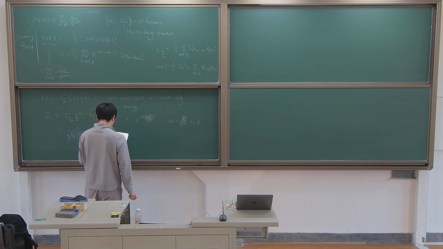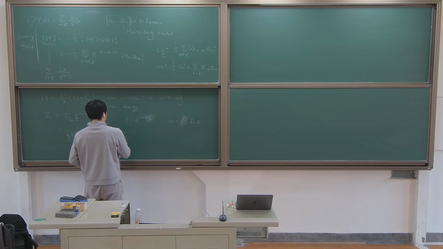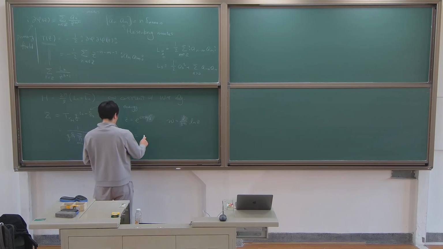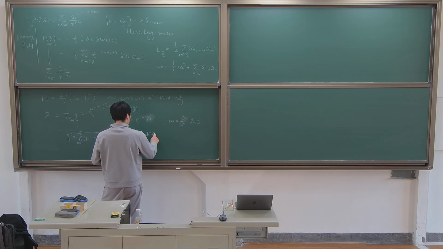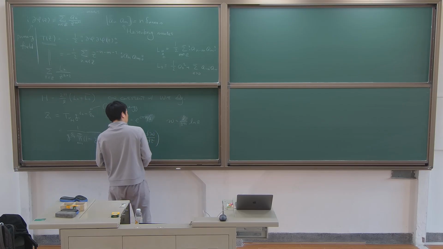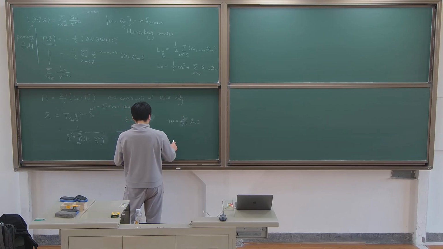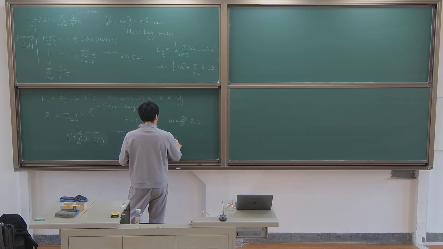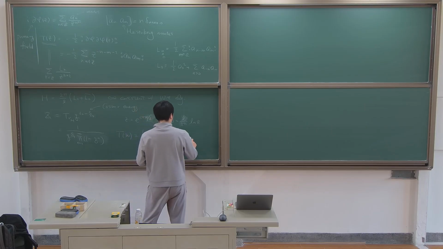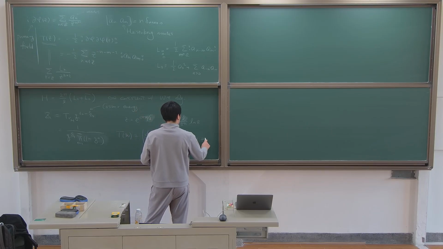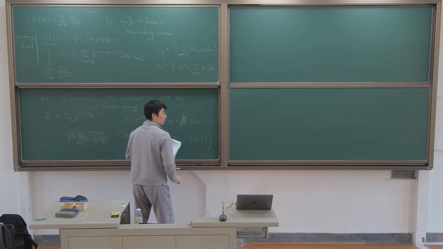Okay, so we know the stress energy tensor, we have this following transformation, and then minus c over 12, and then the Schwarzian derivative, like this way.